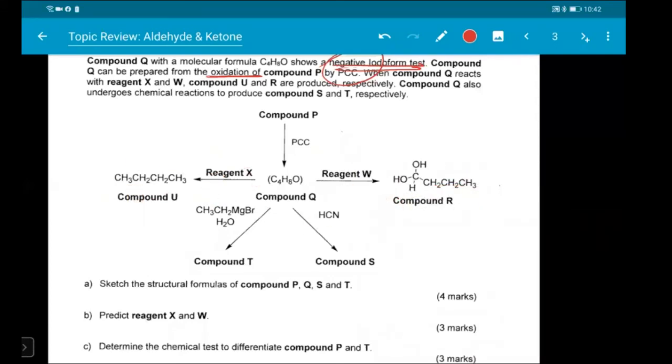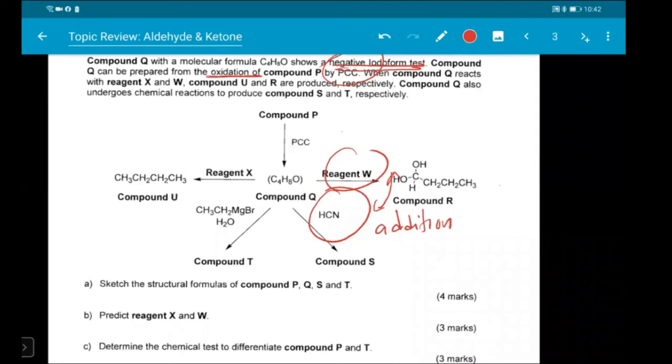Alright. If you answer that, okay, I believe that ini pun adalah nucleophilic addition reaction. Tolong kongsi jawapan anda di Telegram. Yang ni, tolong buat. Pasal this is the same thing. A dengan S ni adalah soalan yang sama.